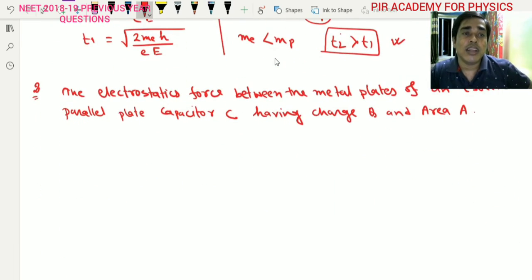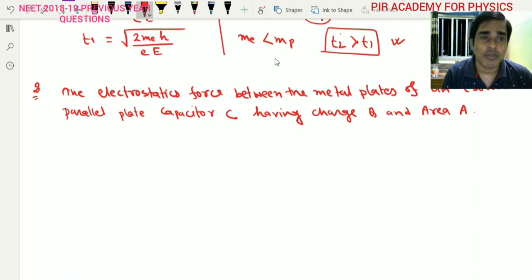Now there is another question, from 2018. Here you see the electrostatic force between the metal plates of an isolated parallel plate capacitor of capacitance C, having charge Q and area A. Suppose this is a plate, and this is a plate.